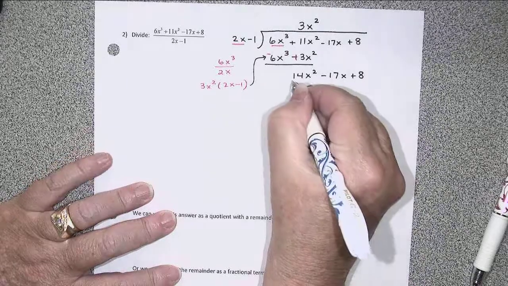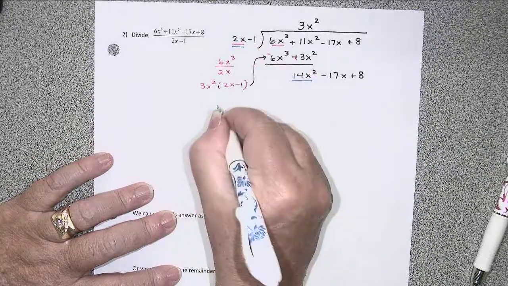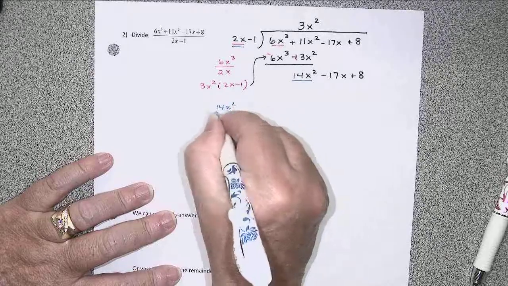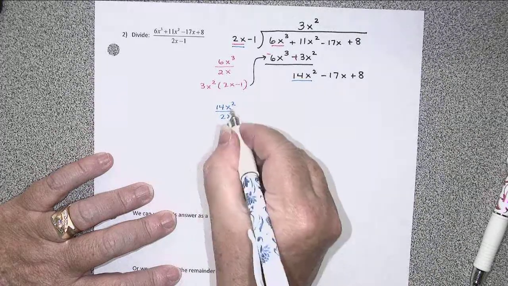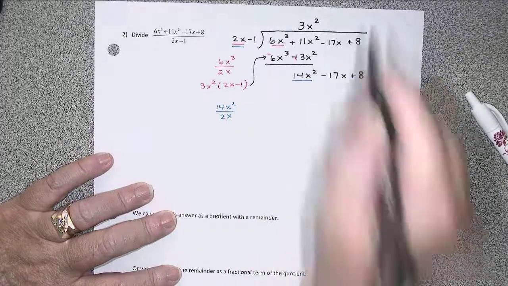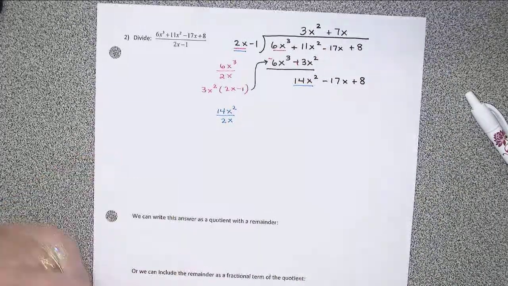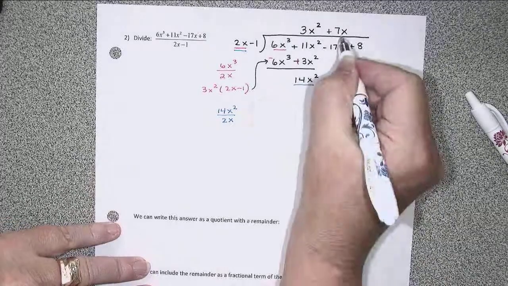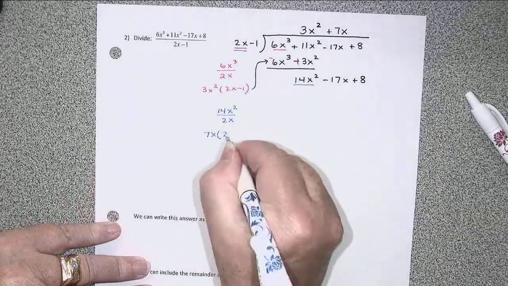Second cycle, 14x squared divided by 2x. That'll be 7x to the first, so I'll write that up here in the quotient. And then I need to take 7x and multiply by 2x minus 1.